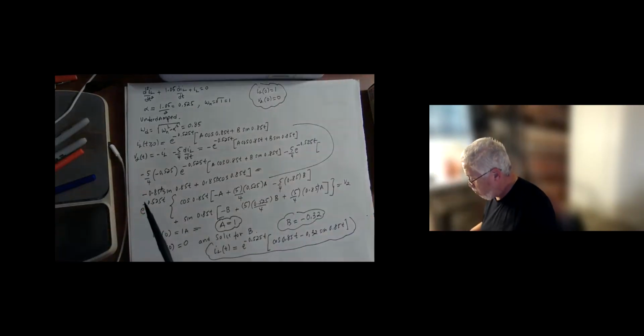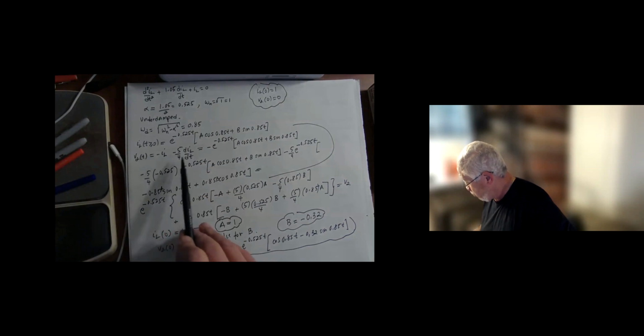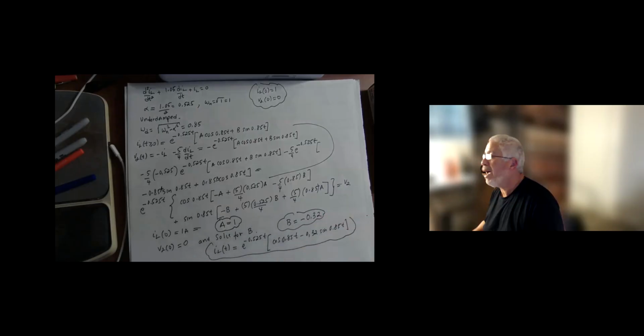Again, we had two initial conditions: IL at 0 equals 1 and V2 at 0 equals 0. We got IL from the differential equations, and when we worked V2 from the circuit solutions, we could express V2 in terms of IL, and that wasn't so simple. If we did our math correctly and enforced the initial conditions, we get the solution for IL.